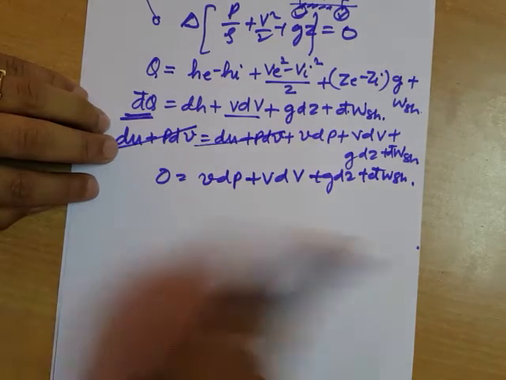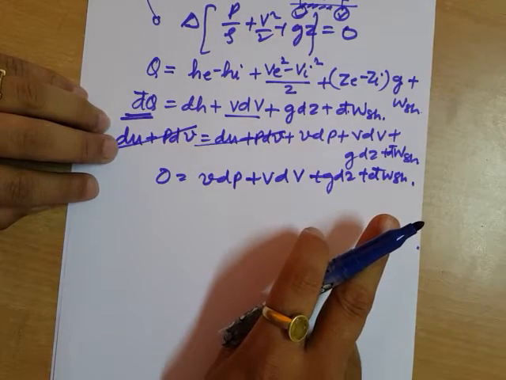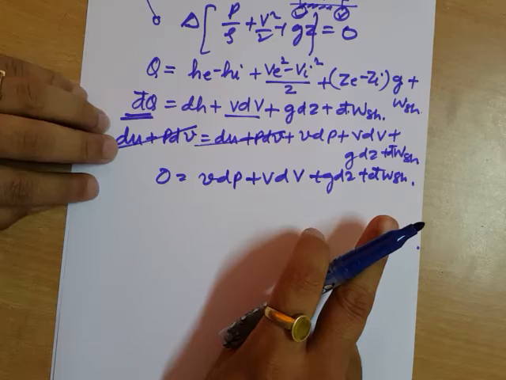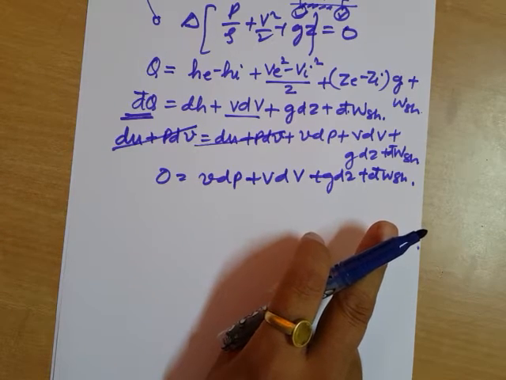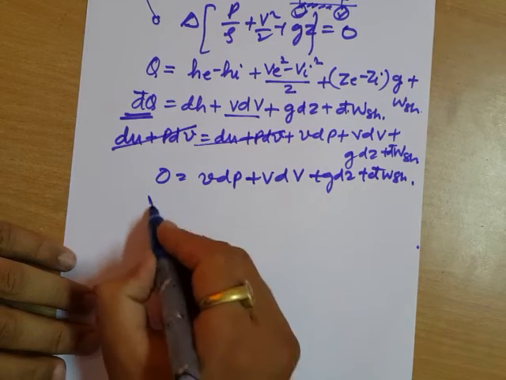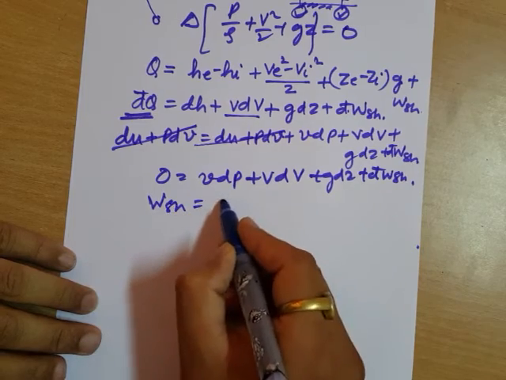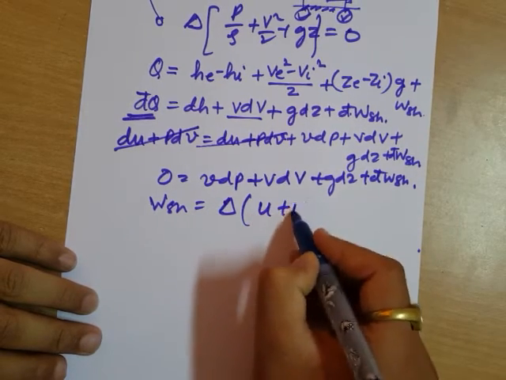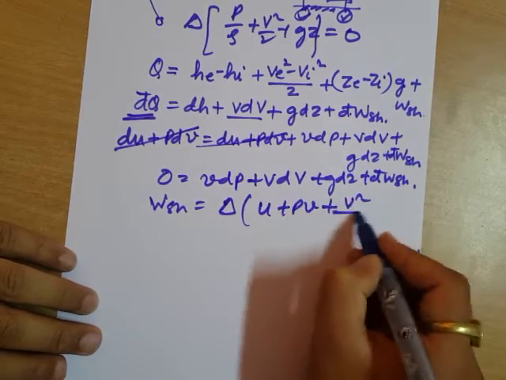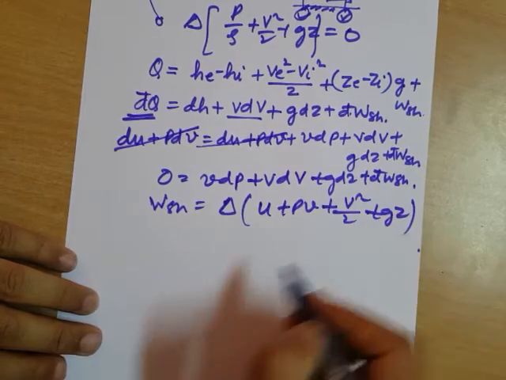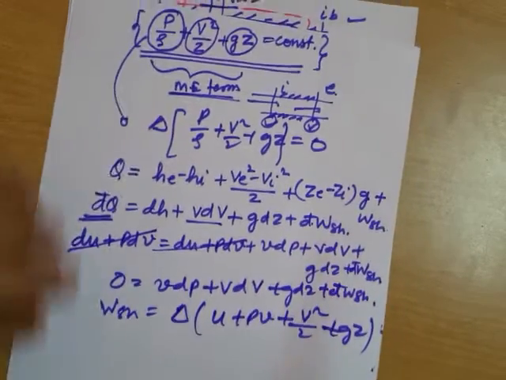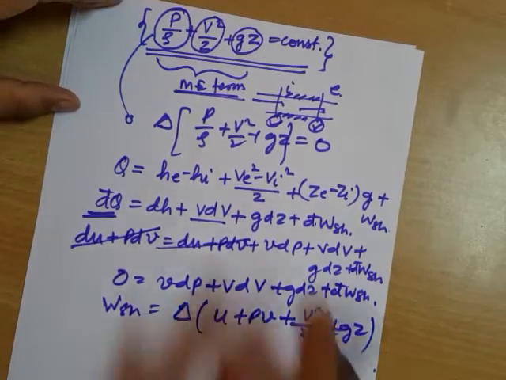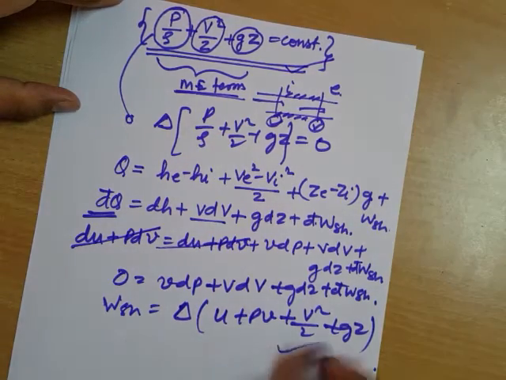So if you integrate this and try to find out the change, then you can write W shaft is the change in (U plus PV plus V square by 2 plus GZ). So friends, at the first point you have this, at the second point you have this.